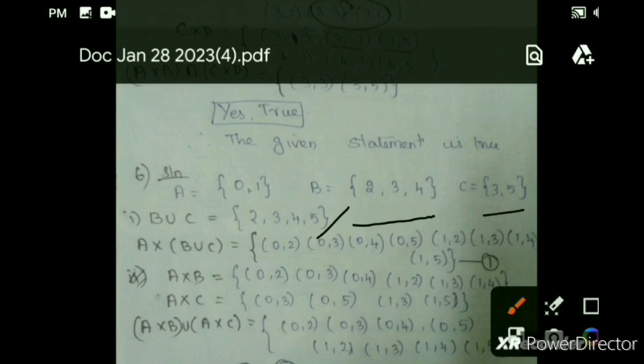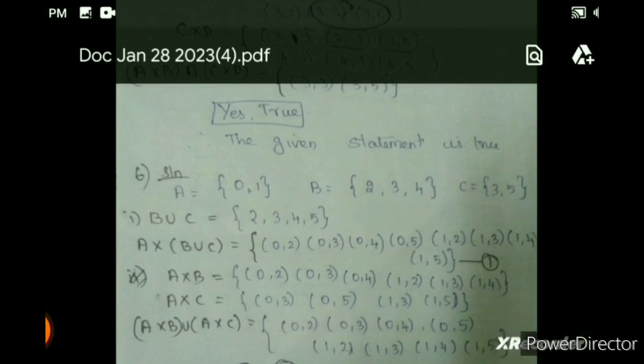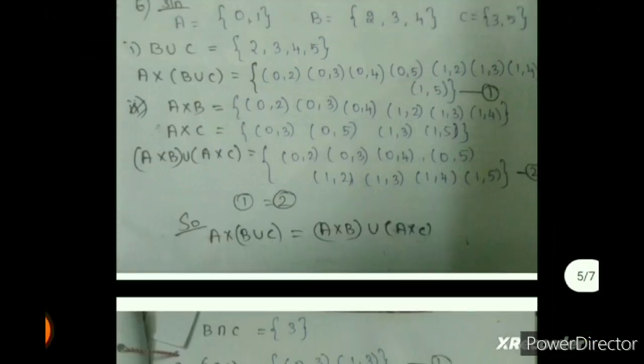This is B union C. A cross B union C: A contains 2 elements, B union C contains 4 elements. 2 cross 4 is 8. So this contains 8 elements. Do it by yourself and check the answers with me. Find A cross B, A cross C, and the union of these two, and we will get this as the answer. So hence the given statement is true.